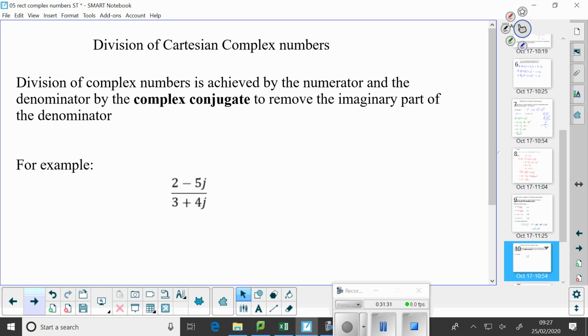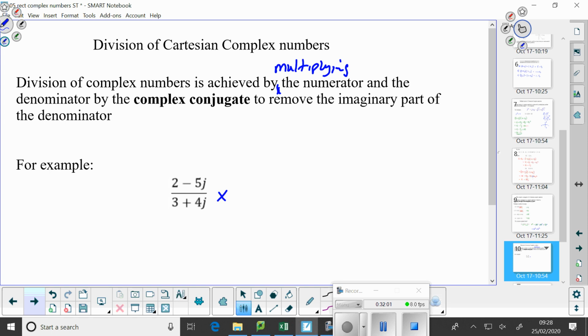So, if we want to do division of complex numbers, we achieve that by multiplying both the denominator and the numerator by the complex conjugate. Effectively what we're doing is multiplying it by 1.